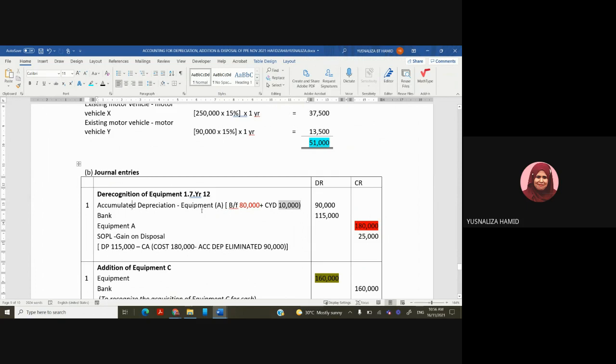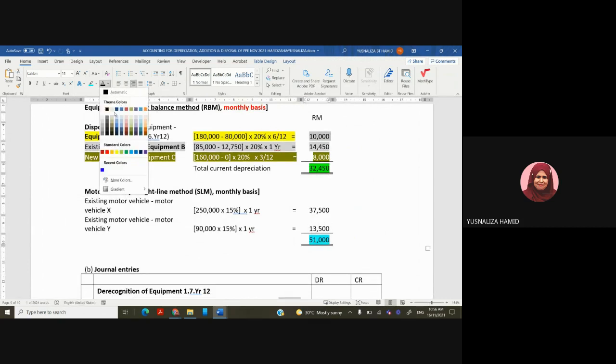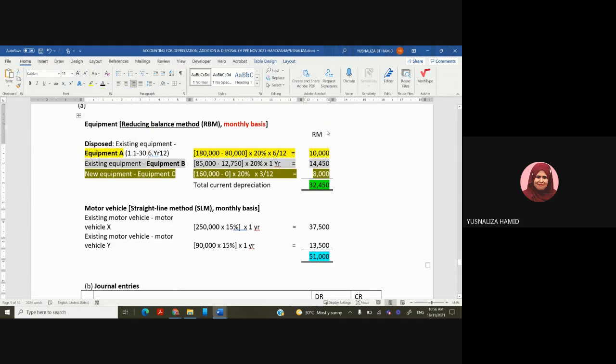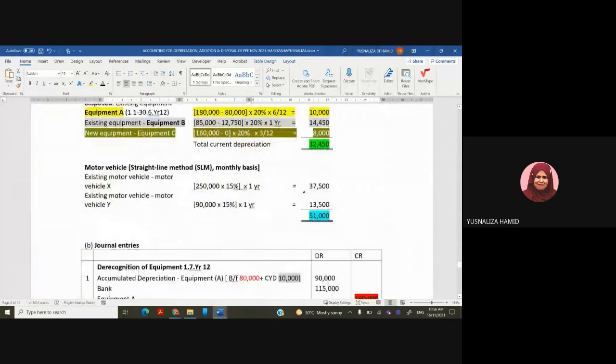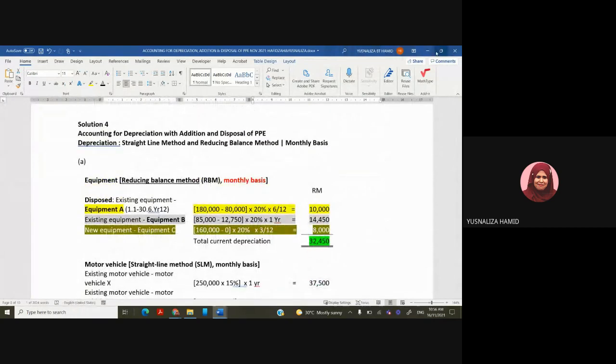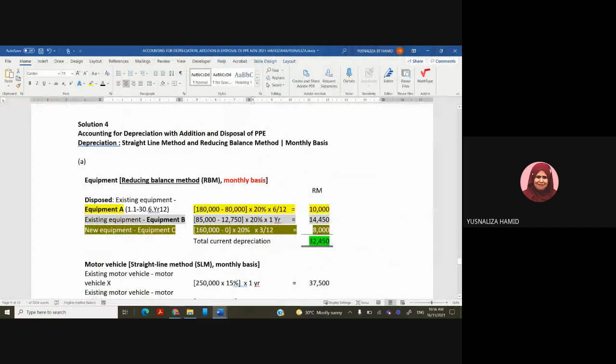So what were the accumulated depreciation related to the equipment? This is the one, this. So I'm going to use yellow again, which is this 10, and also the 80,000. 80,000 here is from here, this 80,000. Equipment A, accumulated depreciation 80,000, the one from the previous year, plus the one that you have just calculated for the current year.